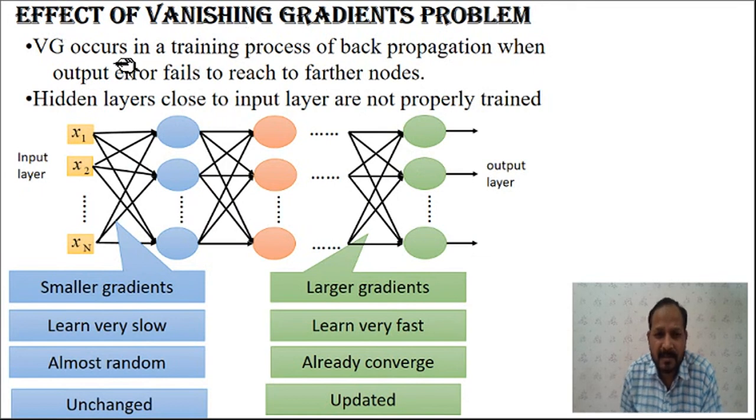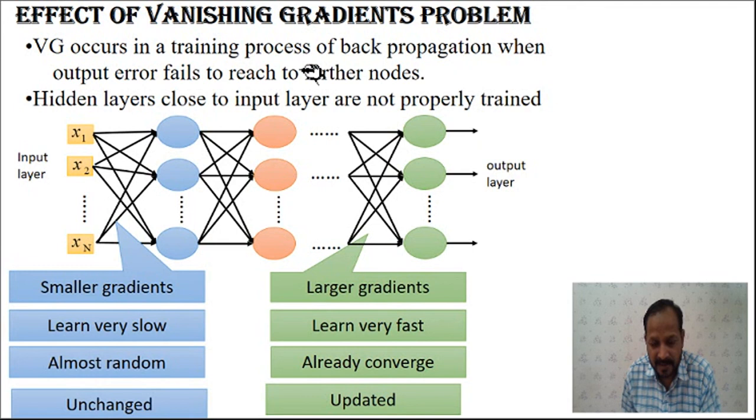So this is the effect of the vanishing gradient problem. Vanishing gradient occurs in the training process of backpropagation when the output error fails to reach the further nodes. As we have seen in the previous slide, the nodes near the output layer have a higher gradient, and the nodes near the input layer have a lower gradient.